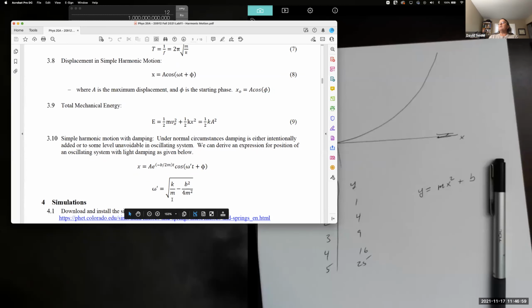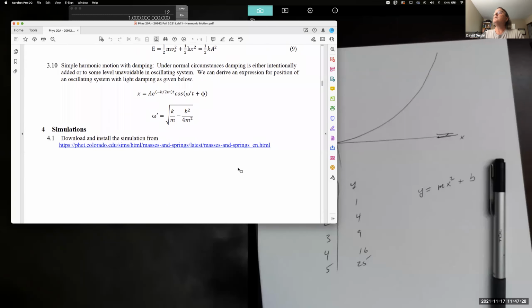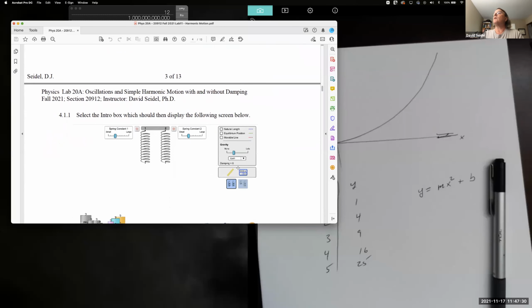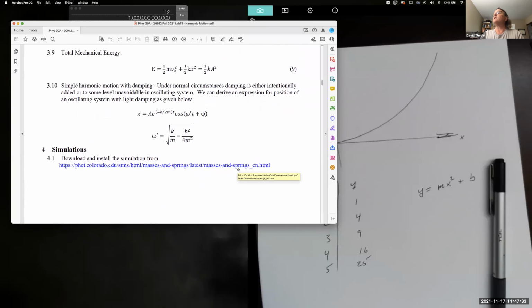Omega prime is now going to be equal to the square root of k over m minus b squared over 4m squared. I'm just giving you these formulas. It's more complex algebra, but you're also going to be taking the natural log of some data. You're going to measure the data, you're actually going to make the measurements, and you're going to take the natural log of this data. So we're going to start with the simulation.